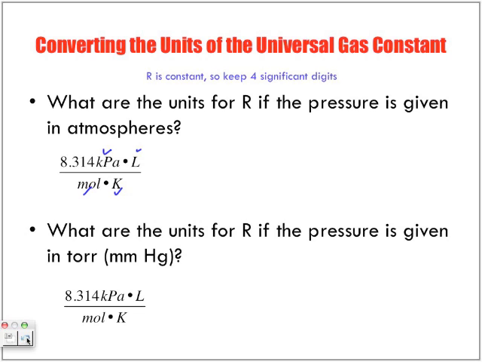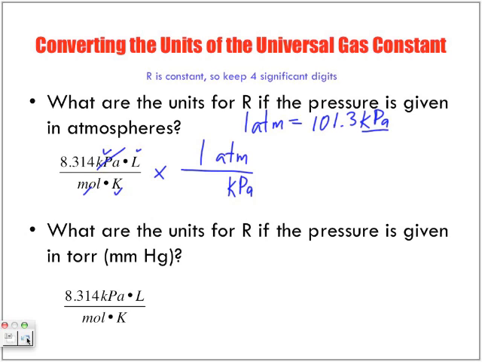What happens if the pressure is actually given in atmospheres? We know that 1 atmosphere is equal to 101.3 kilopascals. So when we write it down, kilopascals is the unit that we want to cancel out. When we multiply, kilopascals is in our numerator, so to cancel that out we put the kilopascals in our denominator, which means up at the top, 1 atmosphere.